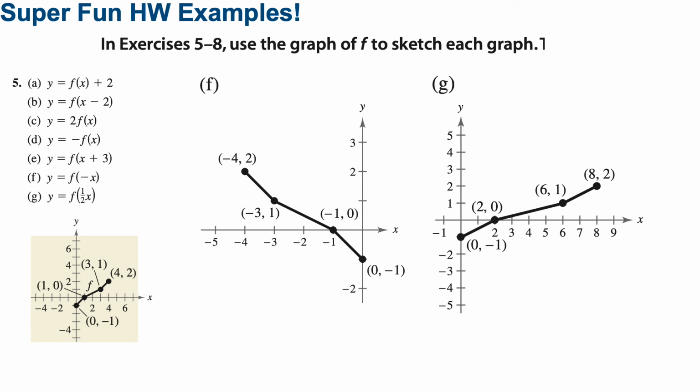So x grows by 2. Then (3, 1), the x grows by 2, so it's (6, 1). And then (4, 2), the x grows by 2, and that's (8, 2). So basically, it takes twice as long to reach the same point. So it grows half as fast in the horizontal direction.